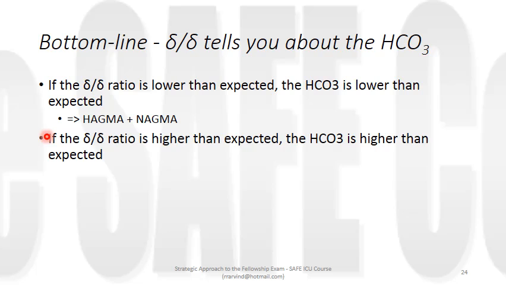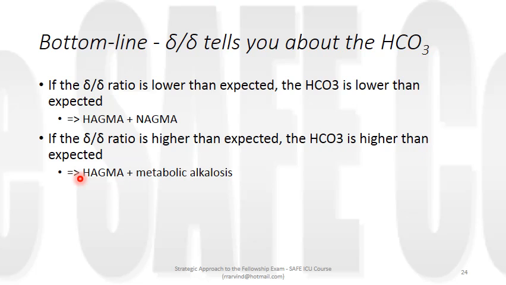On the other hand, if the delta-delta ratio is higher than expected, the bicarb is higher than expected. So all you have to do is this: delta-delta tells you about the bicarb. If it's lower than expected, the bicarb is lower than expected. If it's higher than expected, the bicarb is higher than expected.